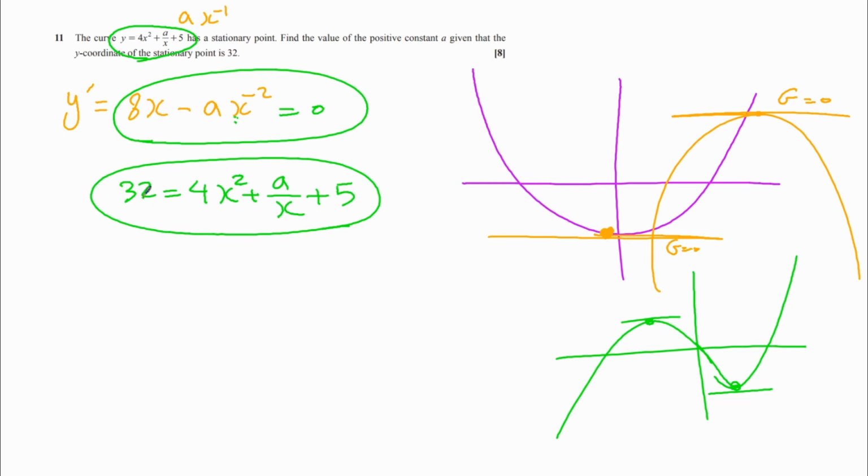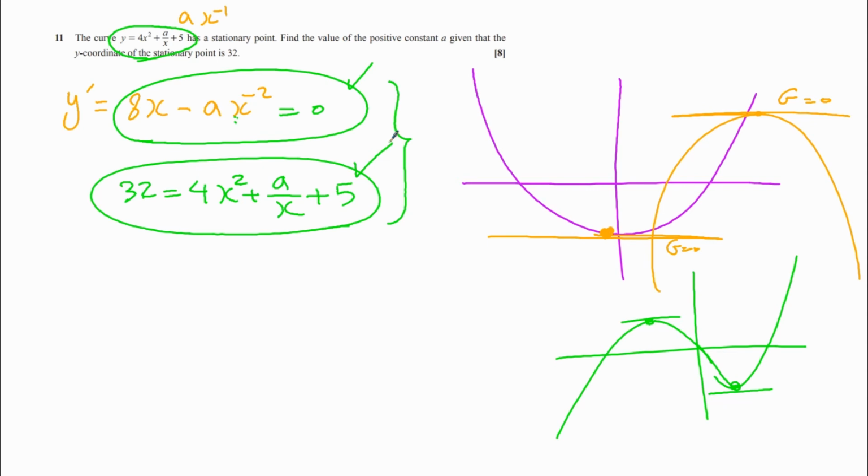So in a way, we need to solve these two equations simultaneously to find a. The a must give a stationary point, which is the first equation, and that stationary point must have a y coordinate of 32, which is the second equation. So we need to satisfy two conditions, and each equation satisfies one. If we solve them simultaneously, we will find the value of a.